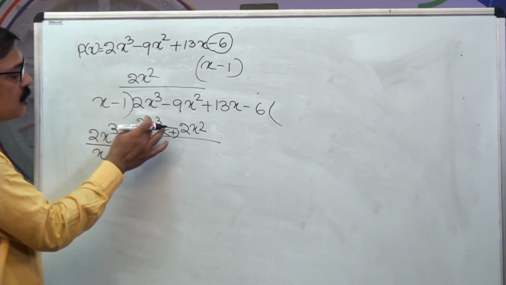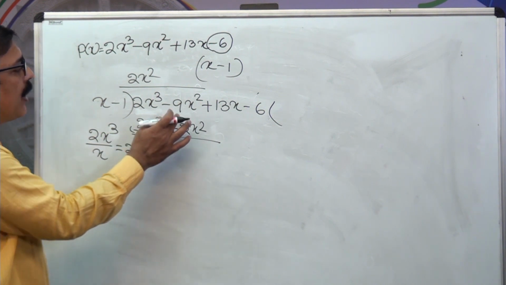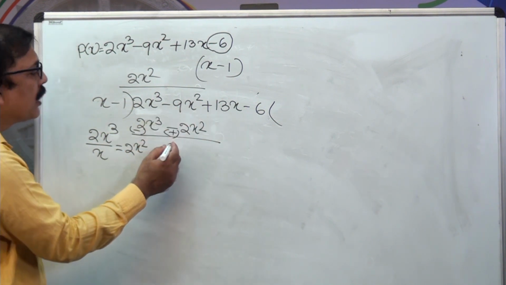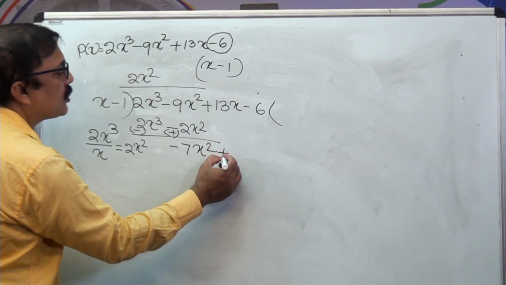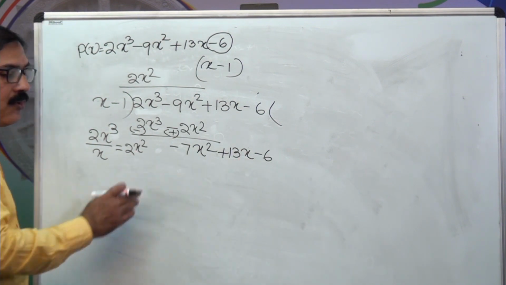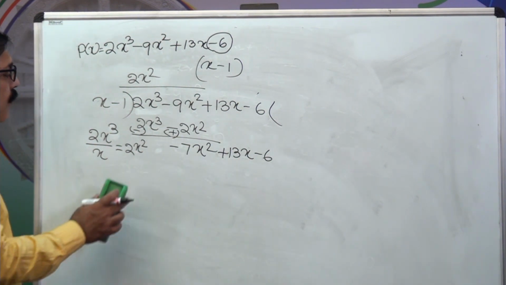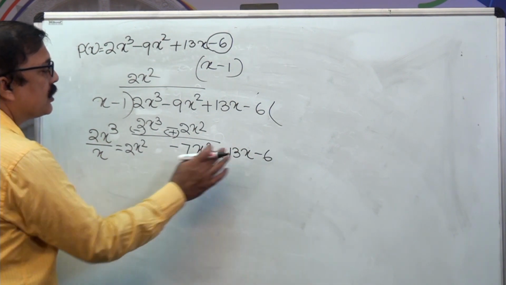Minus 2x cube is 2x cube, minus 2x cube is 0. Minus 9x square plus 2x square gives minus 7x square. Here it is plus 13x and minus 6. Our new dividend is minus 7x square plus 13x minus 6.